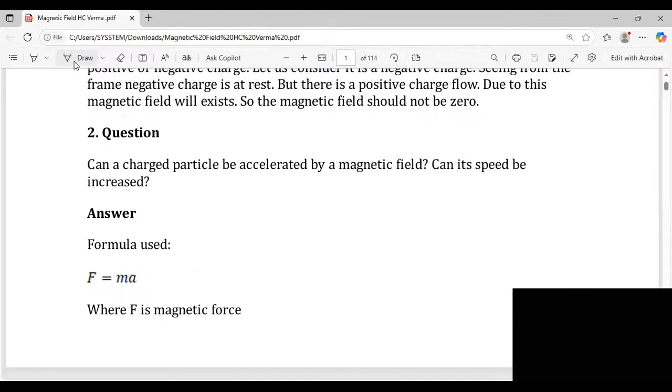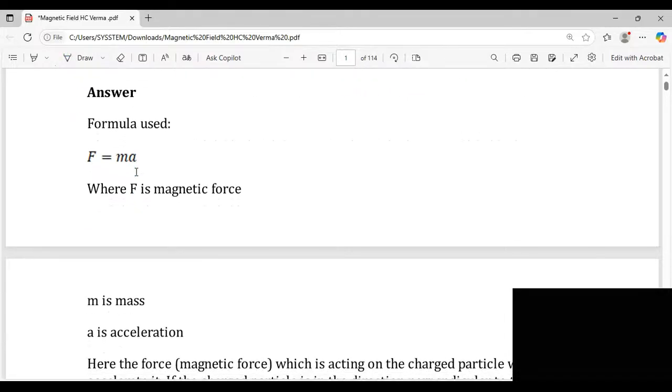Let's see question number 2. Can a charged particle be accelerated by a magnetic field? Can its speed be increased? So let's see the answer.